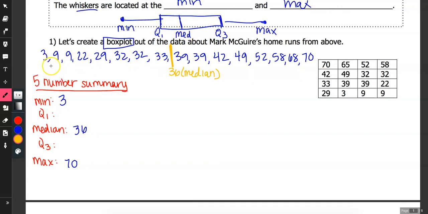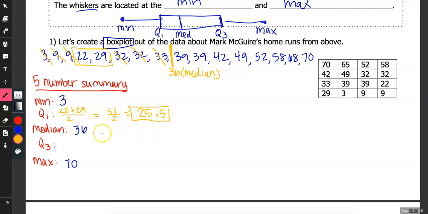I can find it the same way I did with the regular median, crossing out first and last, first and last, first and last. Now I have these two numbers. So I'm going to do 22 plus 29 over 2, which is 51 over 2. So Q1 is 25.5.